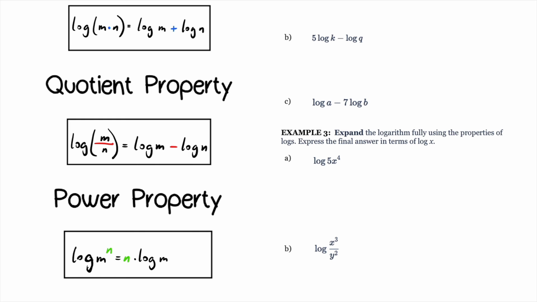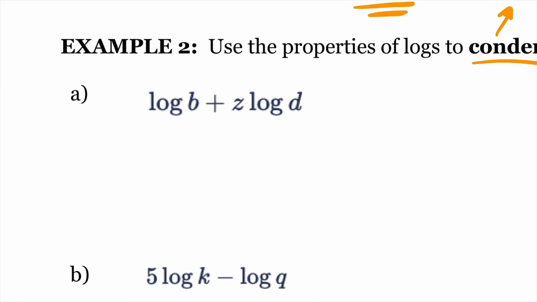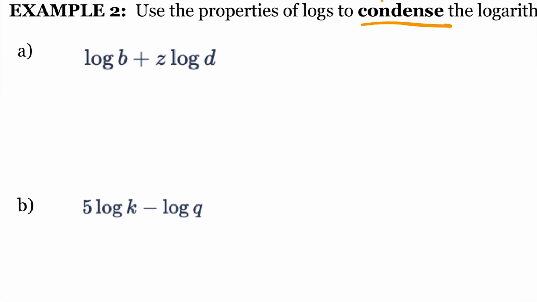So now let's look at 2a. Are there any numbers in front of the log, or any numbers or letters or anything? Z, yep. Z is in front. That tells me it's a power. So I'm going to start right there. So what am I going to do with it? I'm going to move it to a power position where it's supposed to be. I'm just moving it.